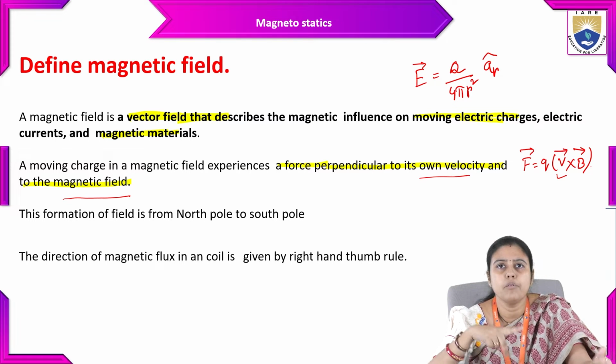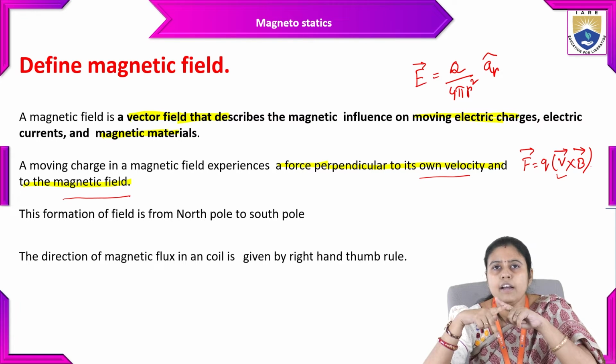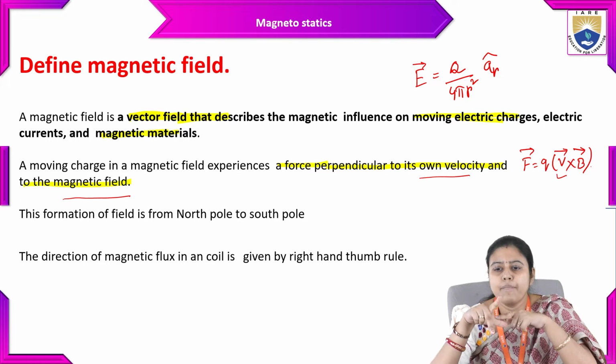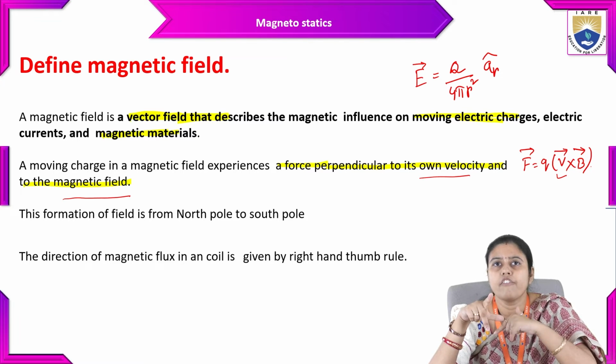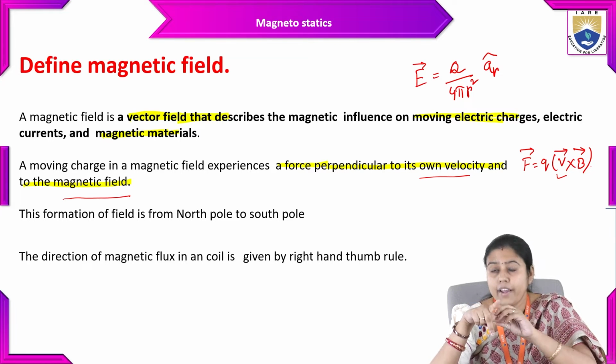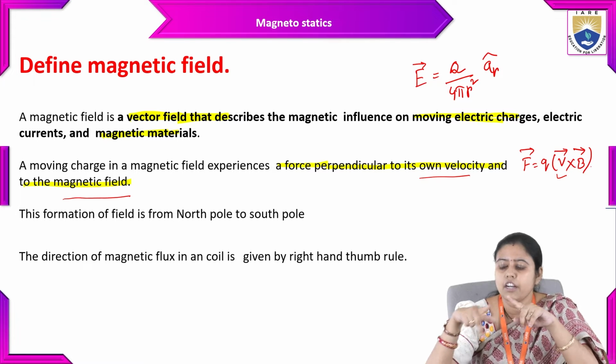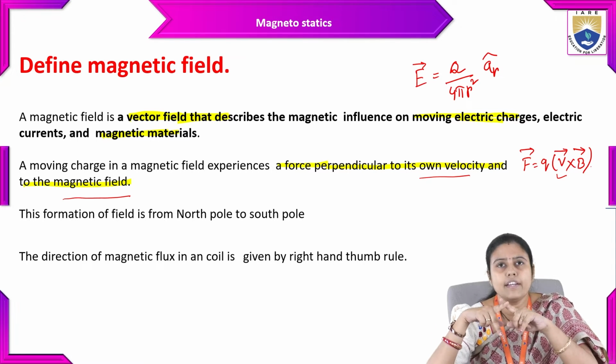What is the right hand thumb rule? If we keep the first finger, middle finger and thumb perpendicular to each other, the thumb gives the direction of the velocity of the charge or magnetic pole, and the first finger gives the direction of B, that is the magnetic field or magnetic flux density.